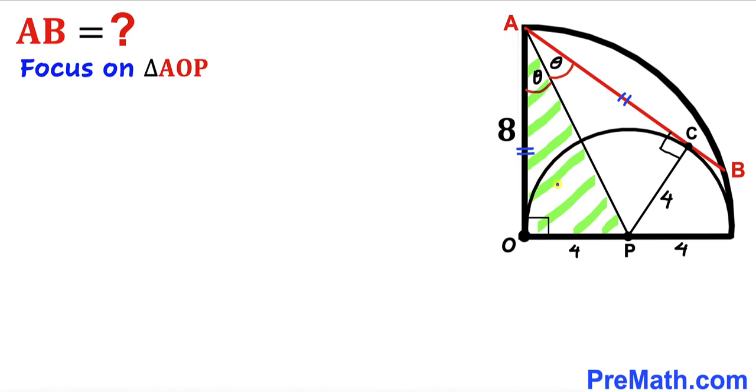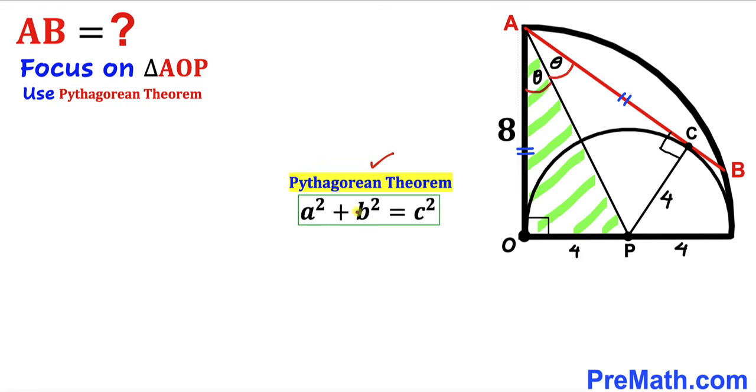And now we are going to focus on this right triangle AOP, and we are going to apply the Pythagorean theorem on this triangle to calculate this unknown side length AP. And here's our Pythagorean theorem: a square plus b square equal to c square. In our case, this side is our hypotenuse, and our two other legs are 4 and 8. So let's go ahead and fill in the blanks in this Pythagorean formula.